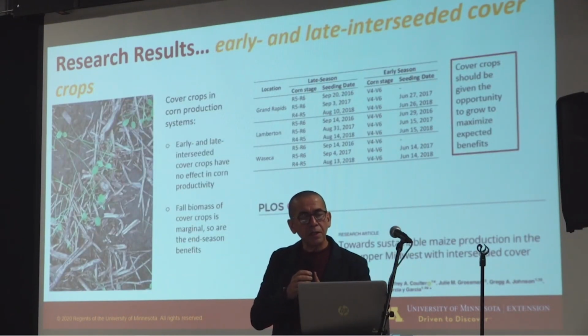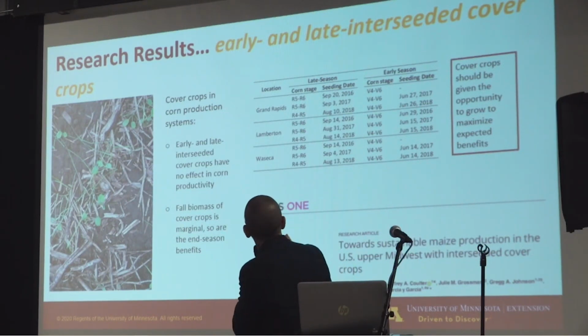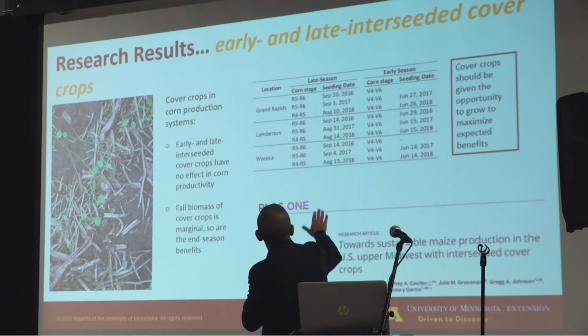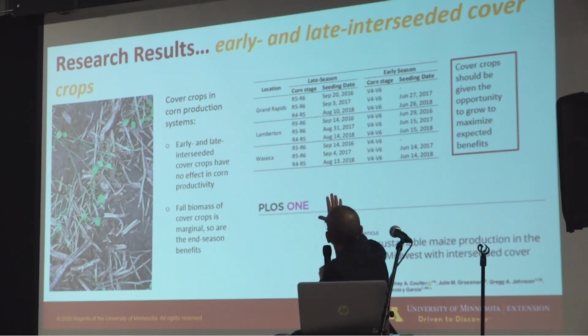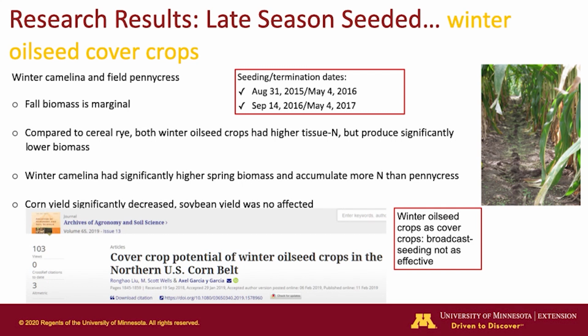Okay, another study we did was with early seeding and late seeding cover crops into corn and soybeans. So I put here the corn stage when we seeded the cover crop at 3 different locations in Minnesota: Grand Rapids, Lamberton, and Waseca.